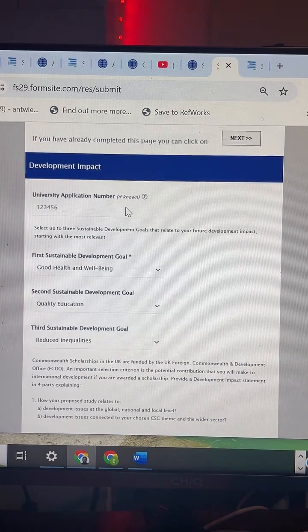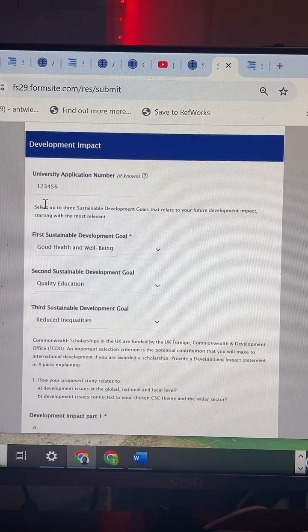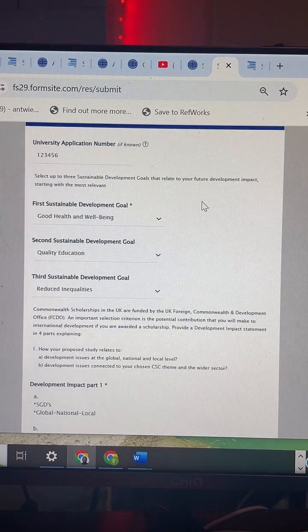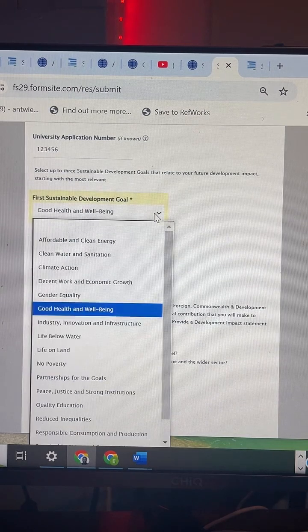So the development impact. This is where we discuss the SDGs. They'll ask you to select up to 3 sustainable development goals that relate to your future development impact, starting with the most relevant. So you'll be asked to select 3 of the themes that we've looked at.